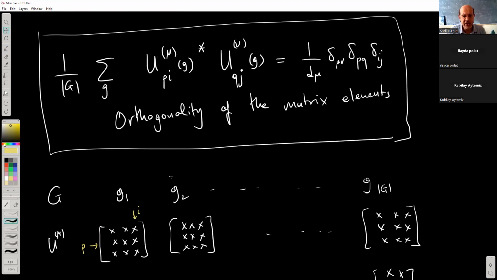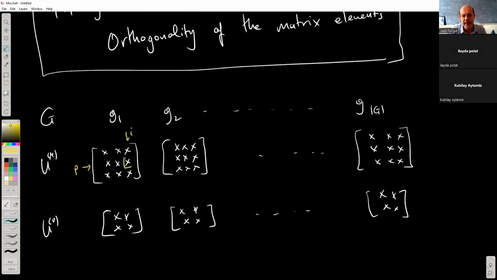Essentially, I'm looking at these elements in here, the elements of different matrices in the same place. I basically get a set of numbers, complex numbers. There are G many complex numbers, so the number of complex numbers in here is equal to the order of the group.